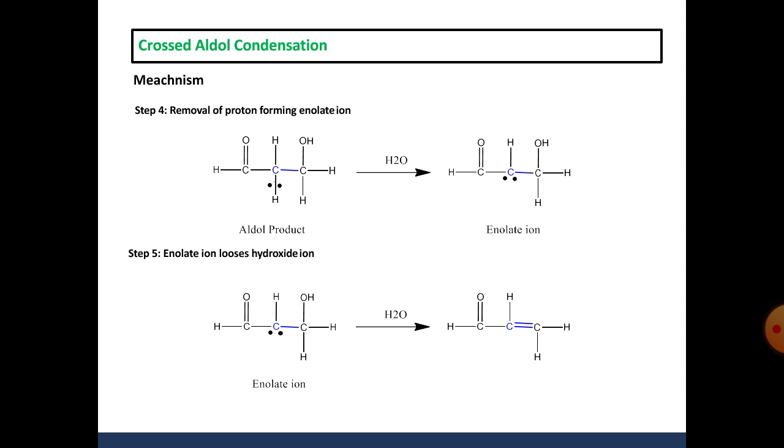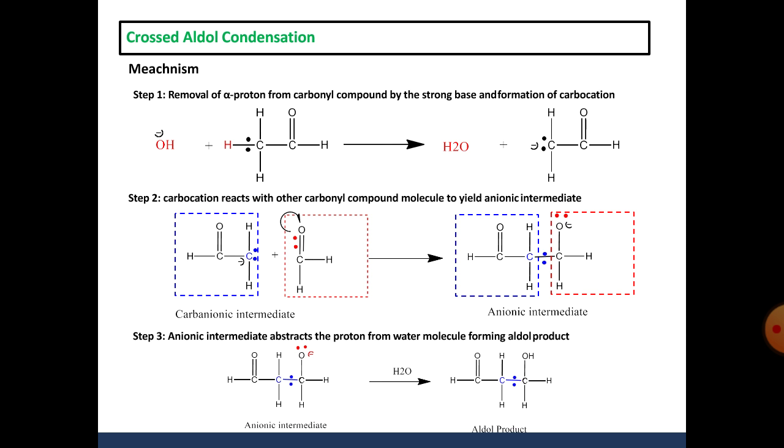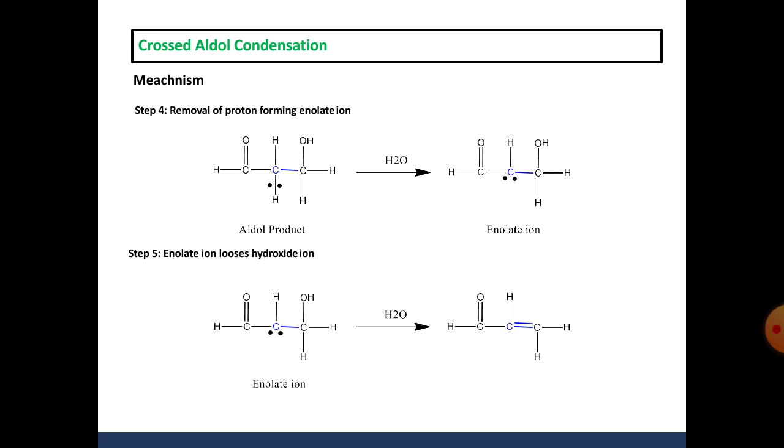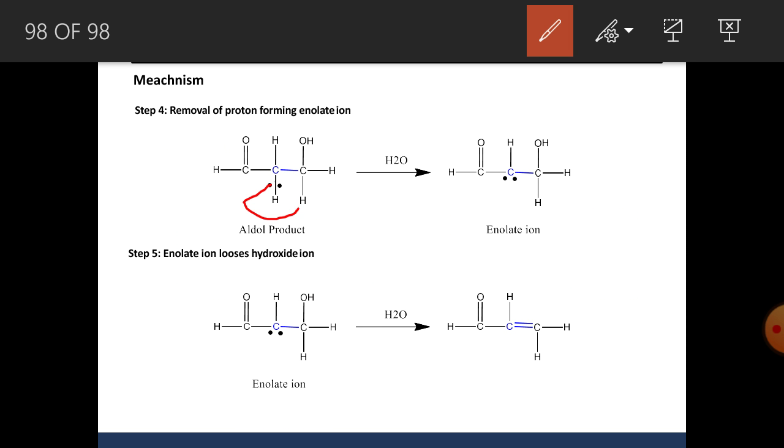In step number 4, there is removal of a proton forming an enolate ion. Again you can see, with the help of a water molecule, we are abstracting the proton which is present on the alpha hydrogen. So here this hydrogen we are removing as a proton and it forms a carbanion.